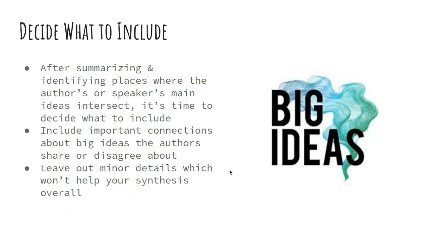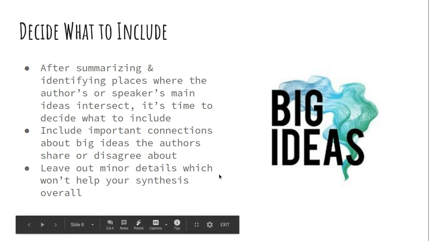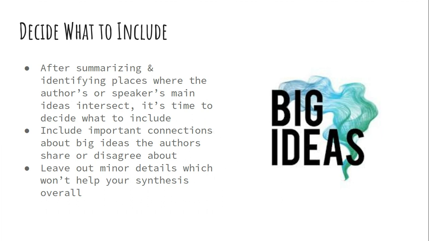So as you're annotating and summarizing, you'll probably have lots of information about important ways that these things connect and overlap, and also some ways that maybe are more minor. So you'll have to make some decisions here about what you want to include in your synthesis. So definitely stick with those big ideas and the important ways in which these things overlap, and then leave out those minor details.